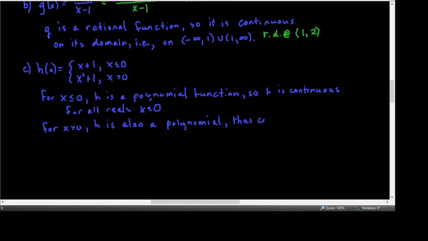So that's continuous on its domain. Well, it's all reals on the part of the domain we're using. So for x greater than 0. Oh, you know what? I need to back up and say something a little bit differently. I just realized I made a mistake.